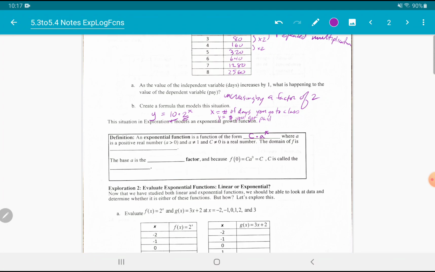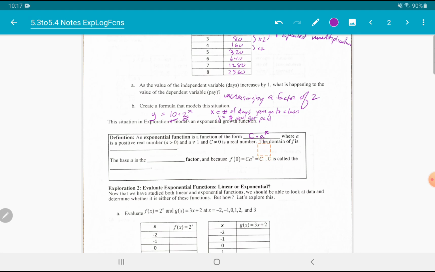Where a is a positive real number greater than 0, and a can also not equal 1. You cannot have a 1 in there. Otherwise, you're basically saying 1 times 1 times 1. You're doing repeated multiplication of 1, and that doesn't grow exponentially. It doesn't do anything for you. And c is also a number not equal to 0. Otherwise, you would just get a value of 0 for the y value every single time. And again, it would not be growing exponentially.